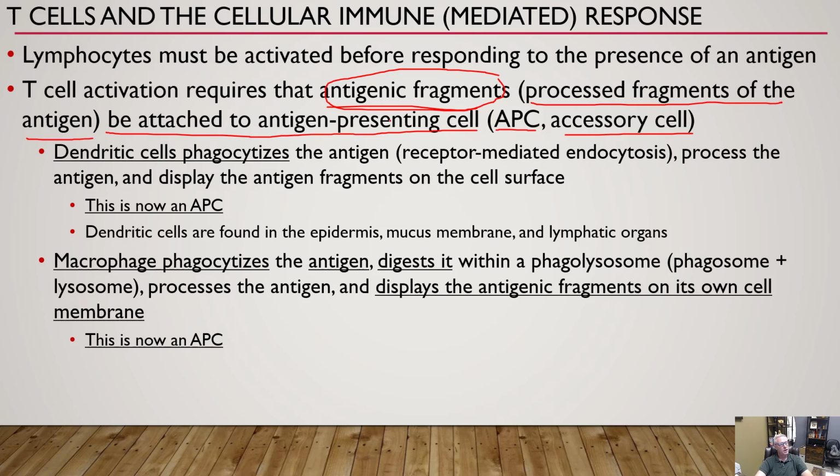So far it's kind of confusing. So we have to activate these T cells. But in order to activate these T cells, we're going to have to somehow put these antigenic fragments on the antigen presenting cell.